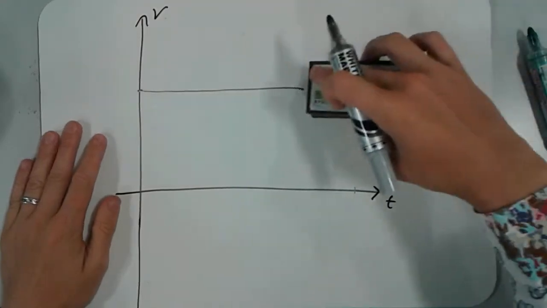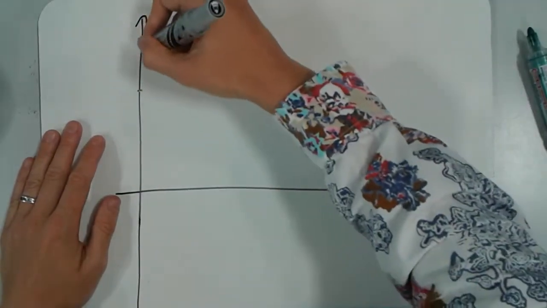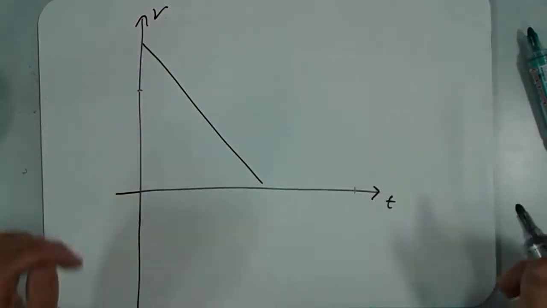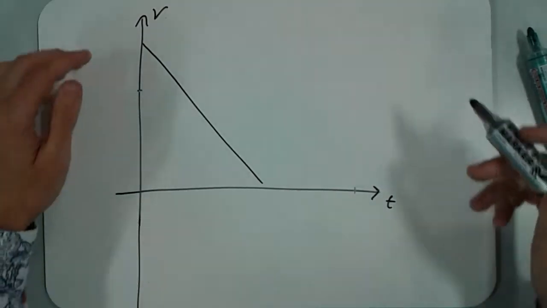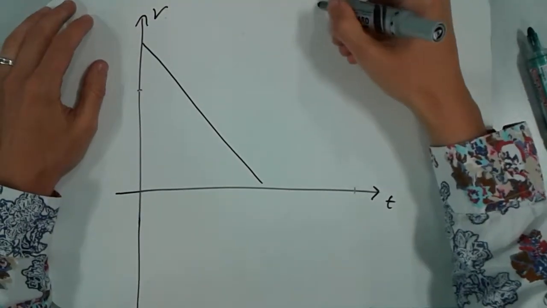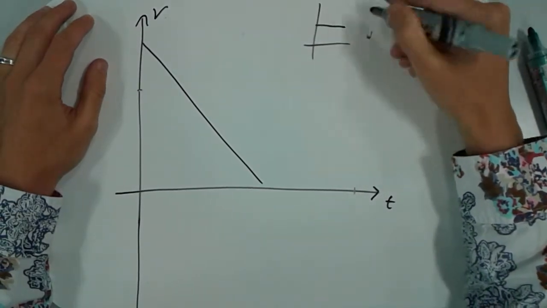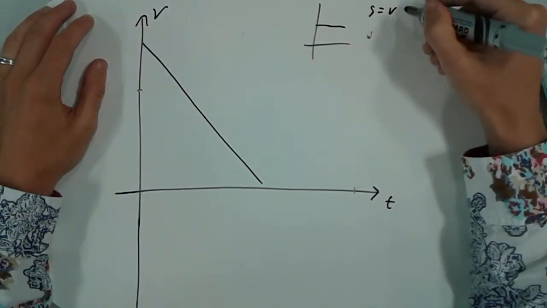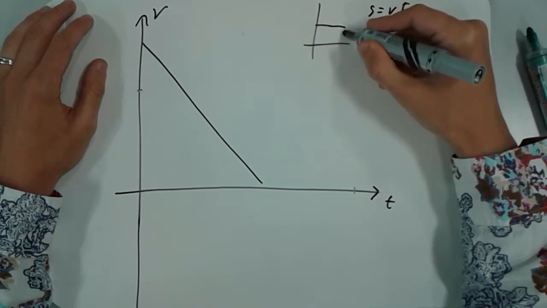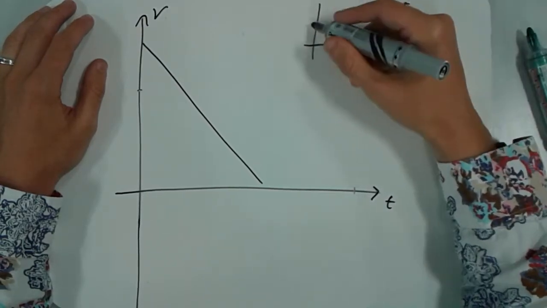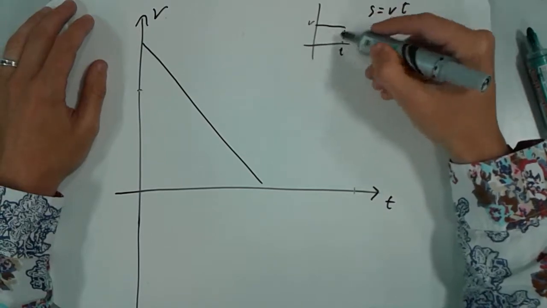Okay, so what happens if we don't have a constant velocity? Well, previously we had, for our constant velocity case, displacement is velocity times time. Thinking about that, that's actually given us the area of this rectangle.